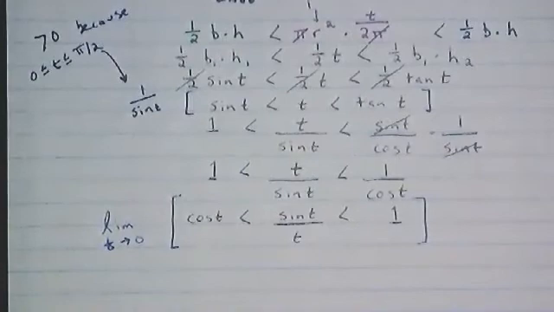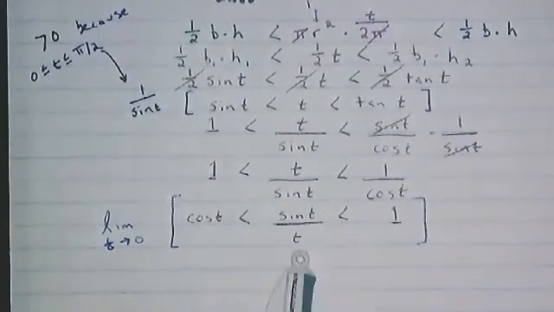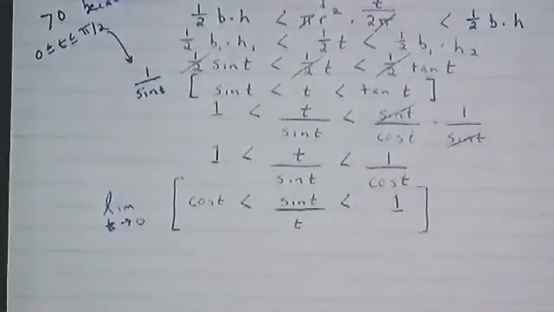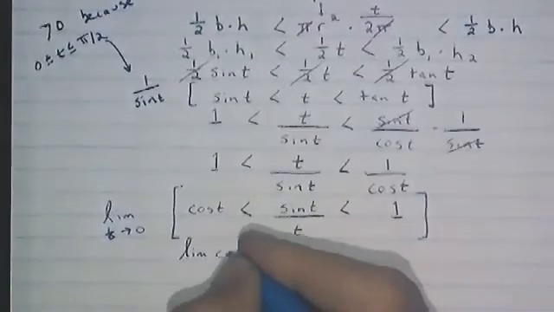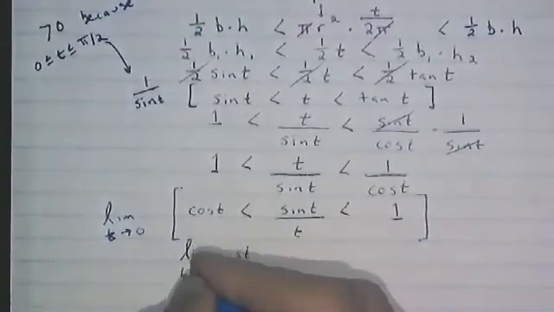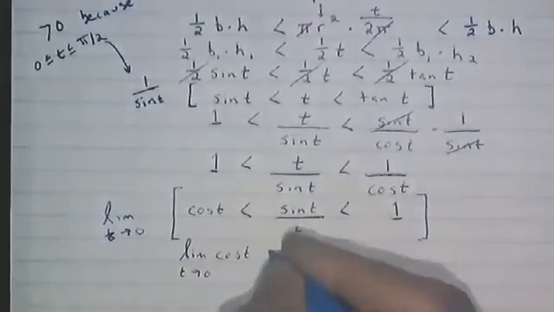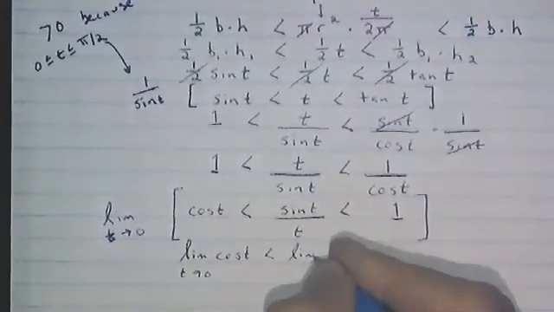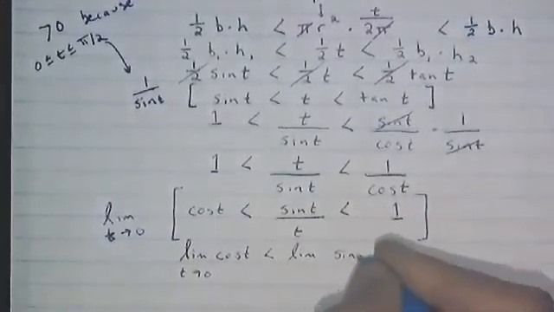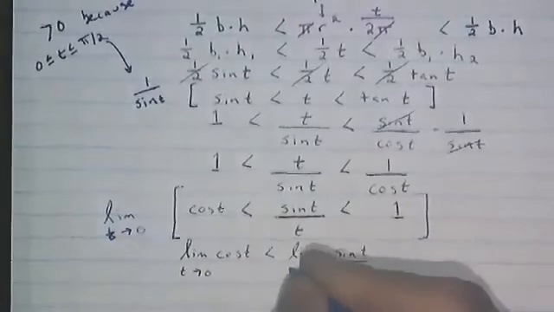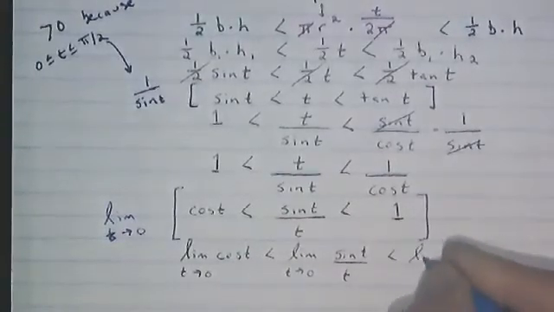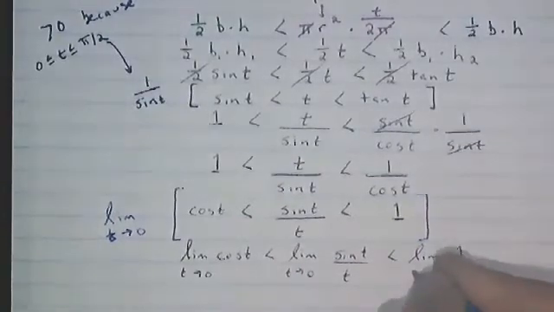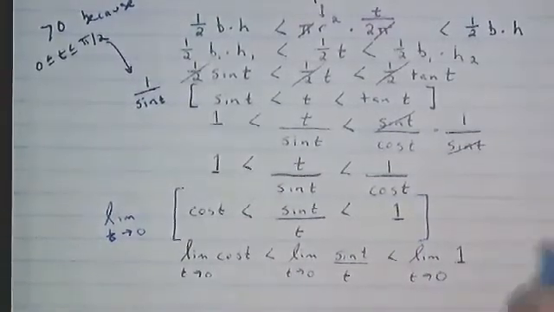So in other words, if the cosine of t is less than the sine of t over t, which is less than 1, then it also must be true that the limit of the cosine of t as t approaches 0 is still less than the limit of the sine of t divided by t as t approaches 0, which is still less than the limit of 1 as t approaches 0.